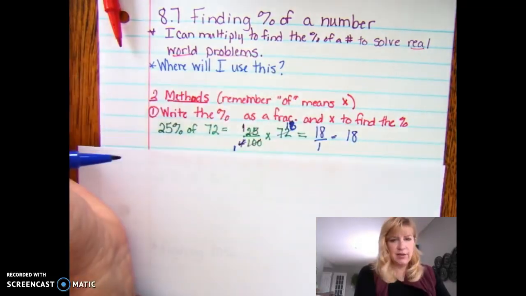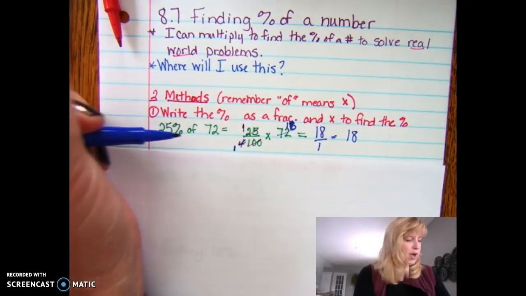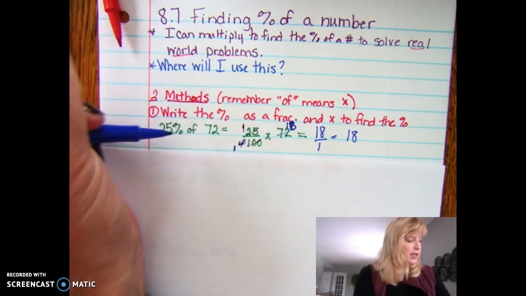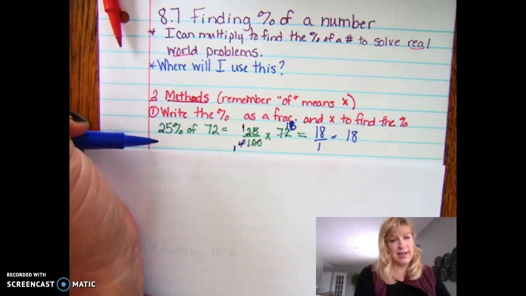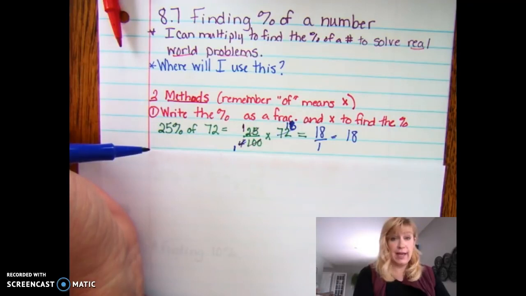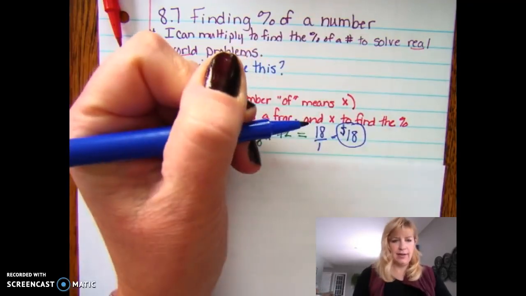So if this was dollars, if Mrs. McKinley was going out to spend some money on a great new game for you guys, and it was $72, and there was a 25% off sale, how much would I get off of that game? That is $18.